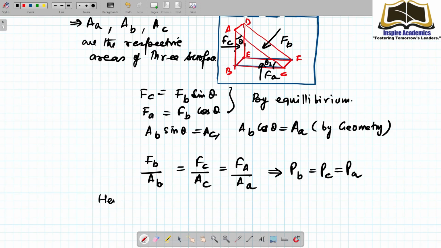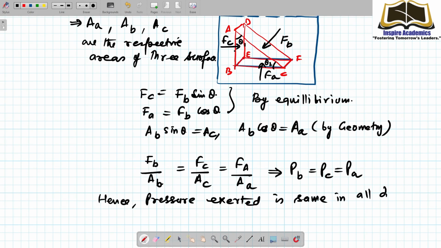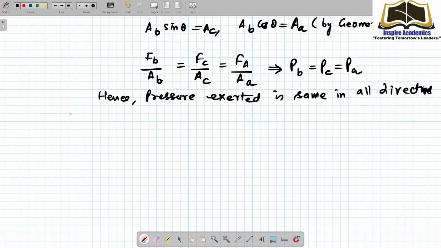Hence, isko likh lete hain. Hence pressure exerted is same in all directions in a fluid at rest. Remember, in a fluid at rest.